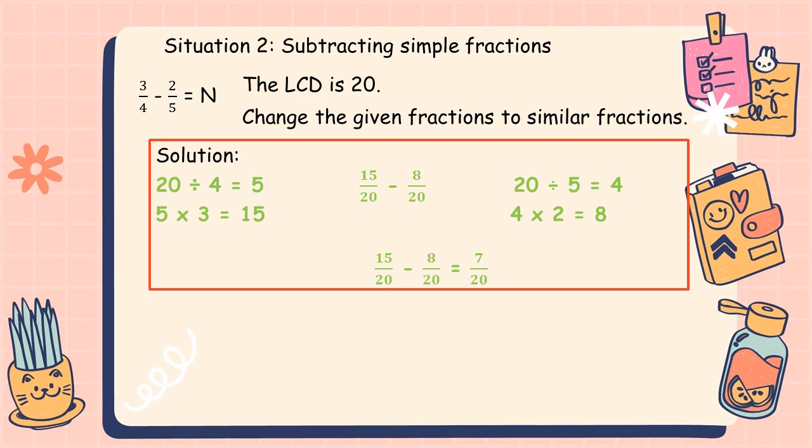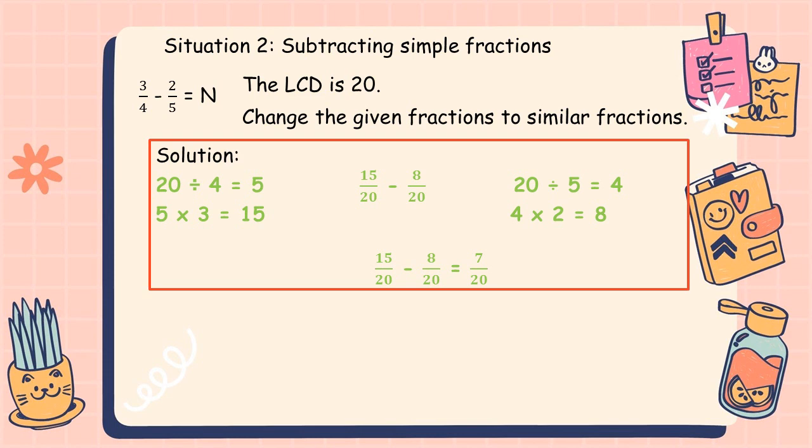So here's the solution. We're just going to follow the first example that we had earlier. We are going to divide the LCD by each denominator of its fraction. So for the first one, 20 divided by 4 is 5. And then multiply it by 3. So 5 times 3, that's 15. So we get 15 over 20.